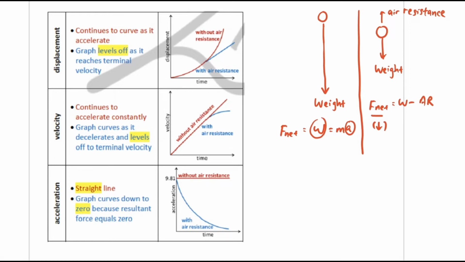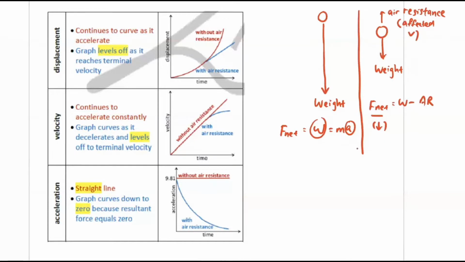The air resistance is affected by velocity. As the object falls, it gets faster and faster, so the velocity gets greater and greater, and the air resistance also gets greater. At one point, the air resistance has the same value as the weight.